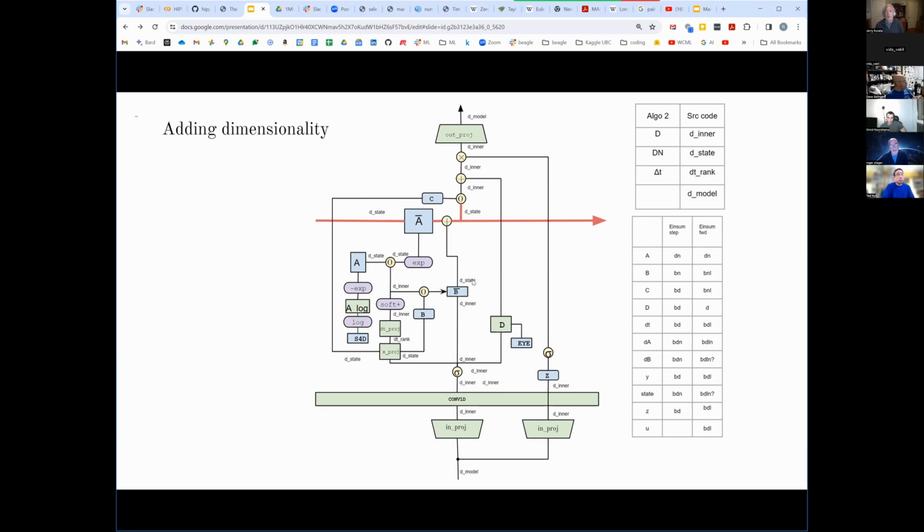So that's how you get a d state and a d inner, for example, at the output of B. If you look at the B, the output from B goes to this einsum, and B is d state, and then you have this from the softplus, you have the d inner, then B bar becomes a matrix because there's an outer product happening here. And then some other places there are outer products too.